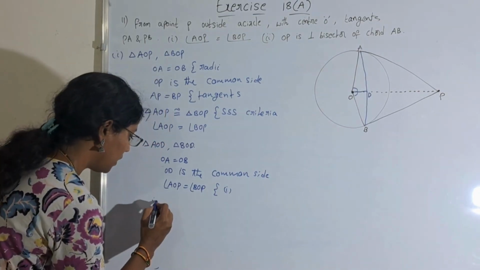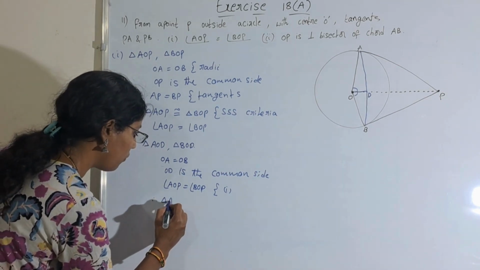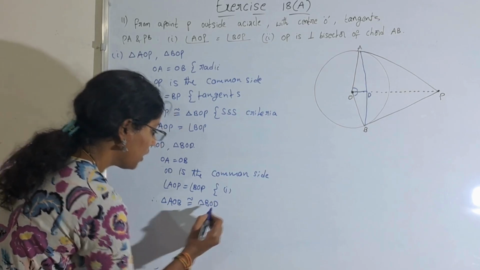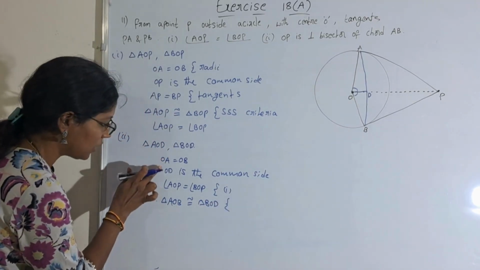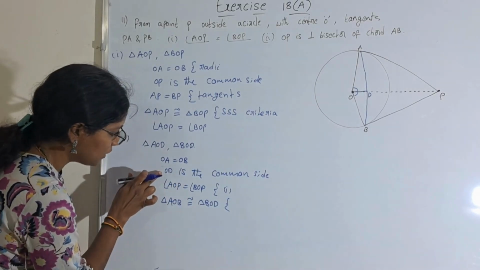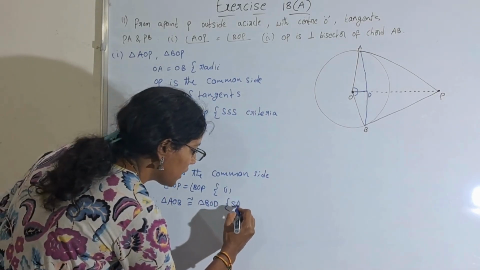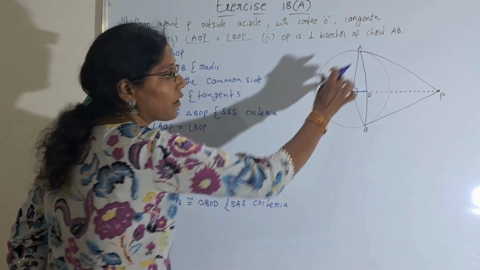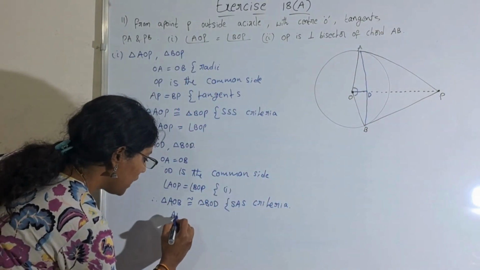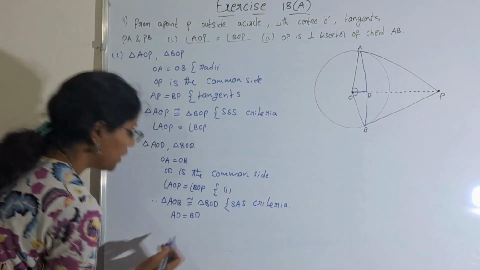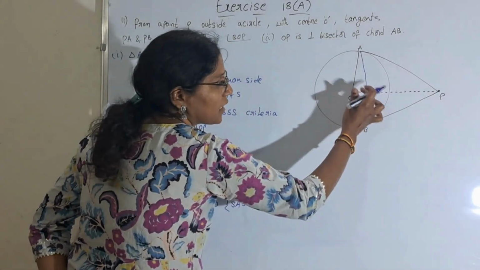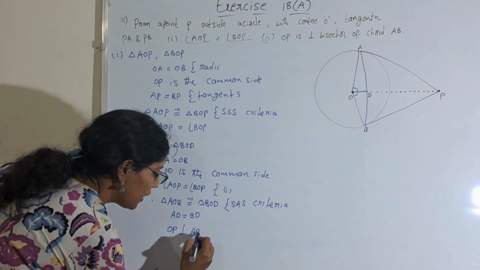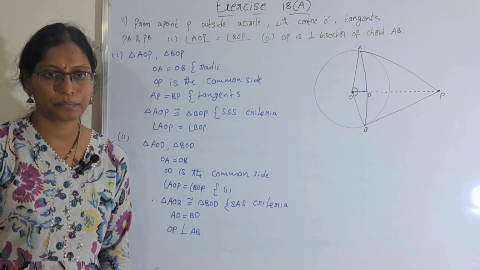Therefore, triangle AOD is congruent to triangle BOD. Here what criteria satisfied? Side angle side, SAS criteria. So corresponding sides are equal. AD is equal to BD. What we can say? OP is bisecting chord AB. Hence proved.